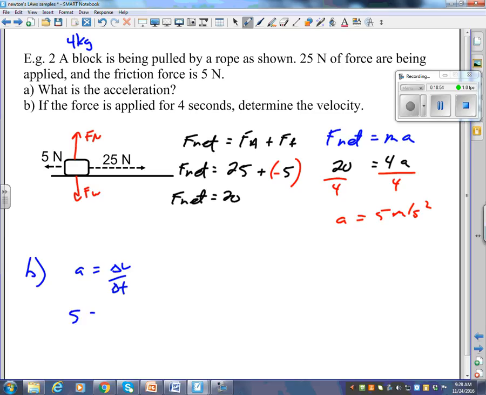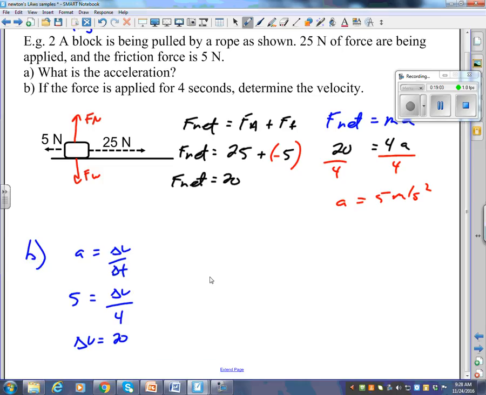So 5 is equal to delta v over 4 seconds, and oddly enough, I'm back to the number 20. Now it's 20 meters per second.